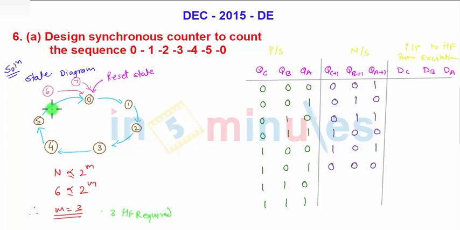So if the counter tries to enter state 6 or state 7, it will be fed back into the reset position and start counting from the initial state, the reset state, according to which we are designing the circuit.